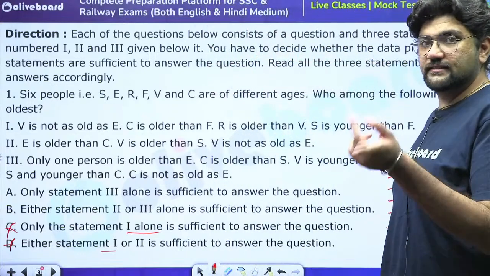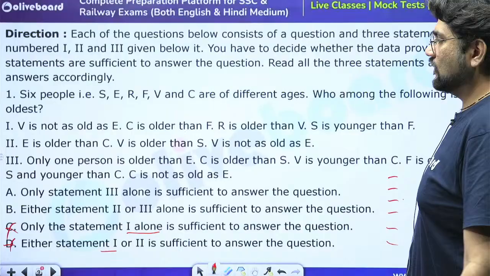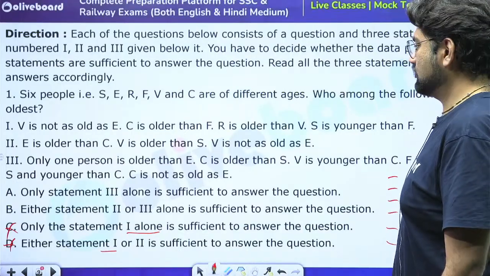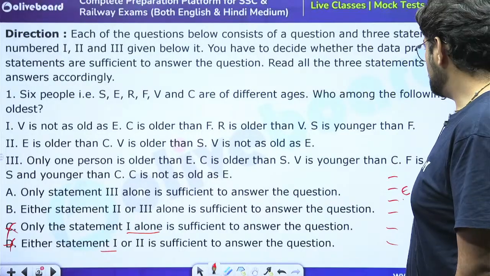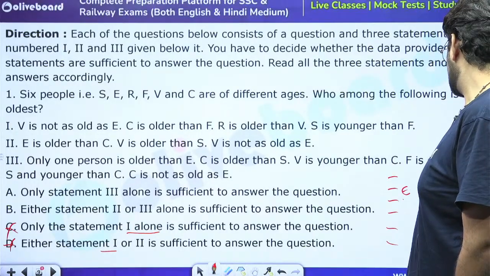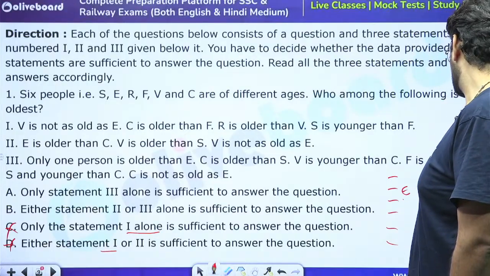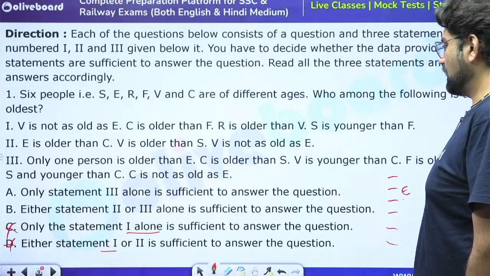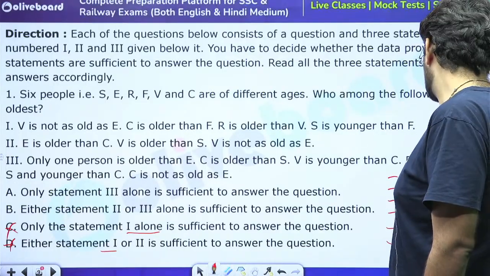Okay, so now the next thing which we'll check is 3 alone. This is gone. Check for 3 alone. Only one person is older than E. That means E is at the second position. C is older than S. V is younger than C. F is older than S and younger than C. So it will be C, F, S, V. C is not as old as E. So C is less here.